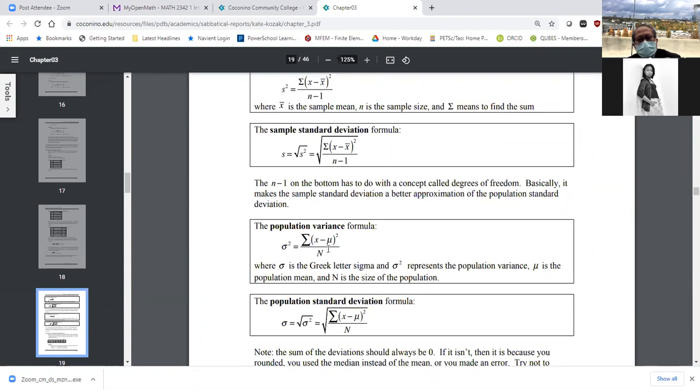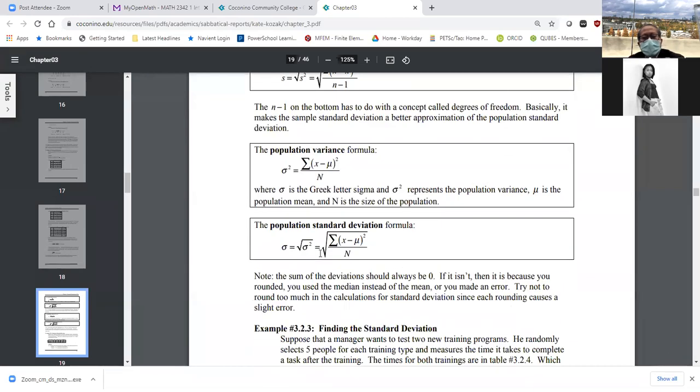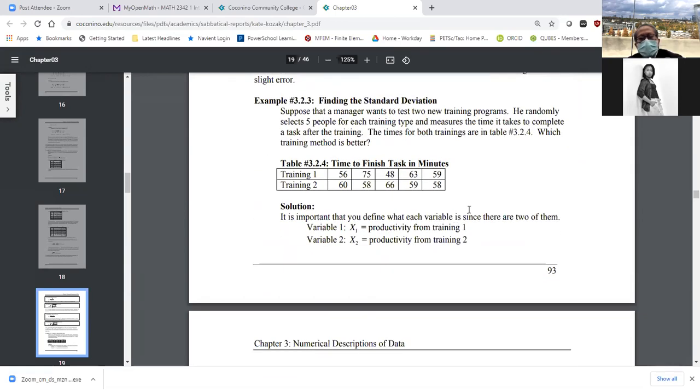But for the population variance, you take each x minus mu, where mu is the average, square them, add them together and divide by n, the population size. And for the population standard deviation, simply take the square root of sigma squared, the population variance.